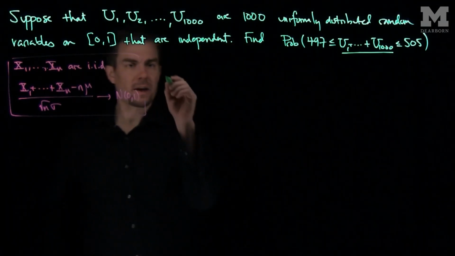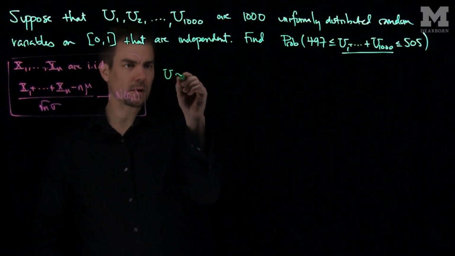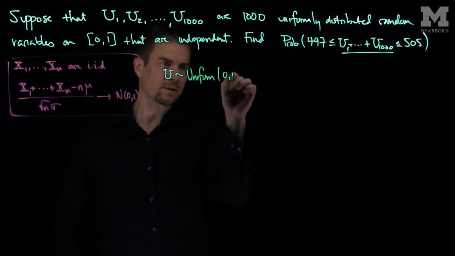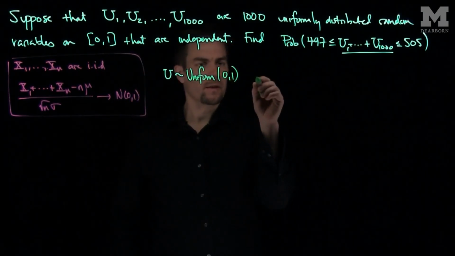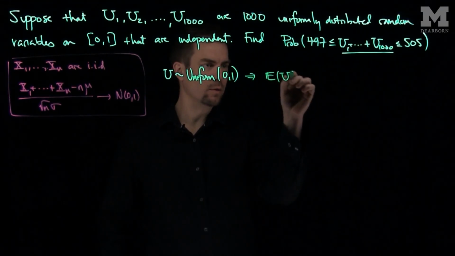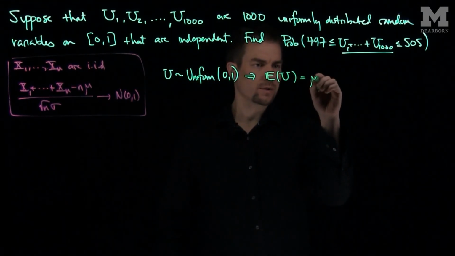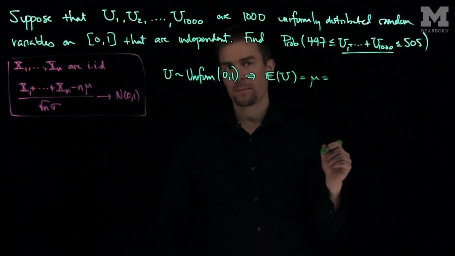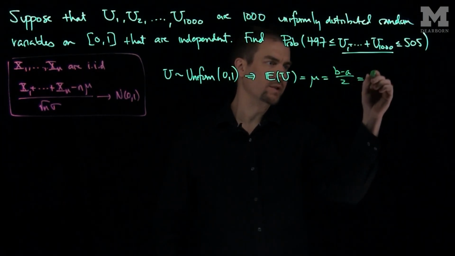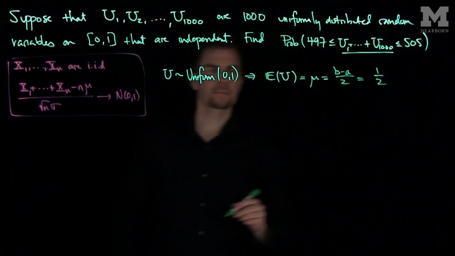So let's recall that if U is uniform 0, 1, then the mean, the expected value of U, which is mu, will be b minus a over 2, which in this case is just going to be 1/2.